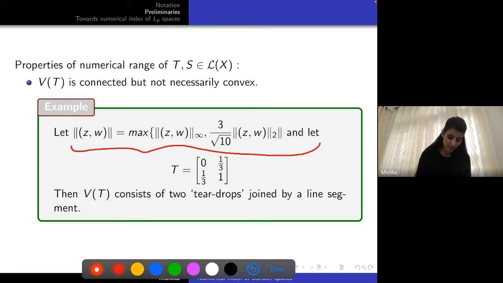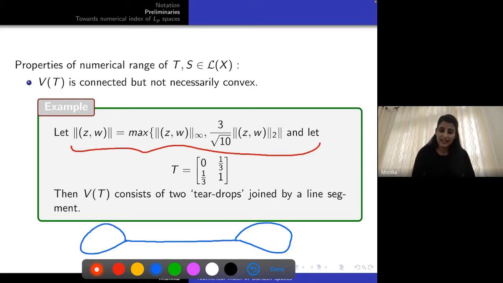It will look something like this. We have a line segment and then two drops like this. So it's connected but not convex.